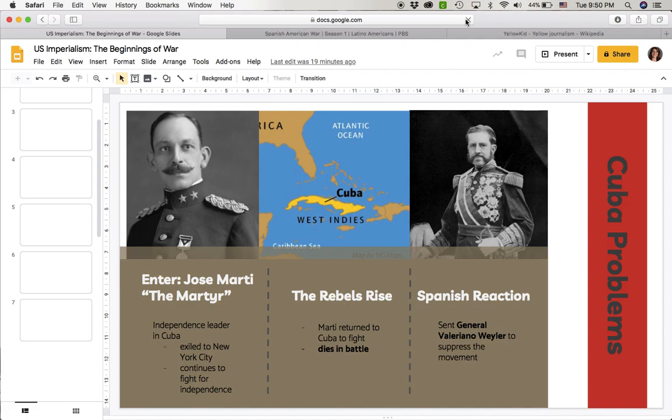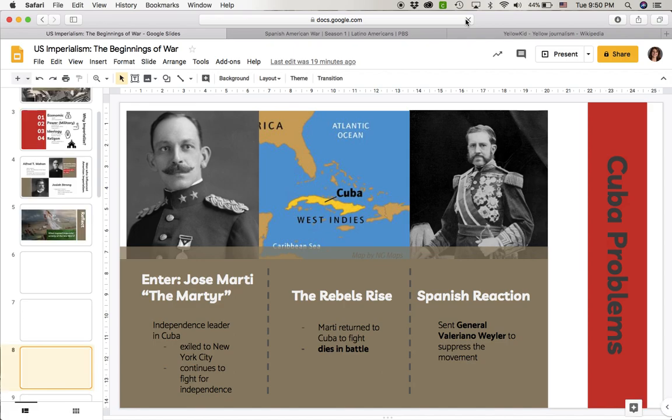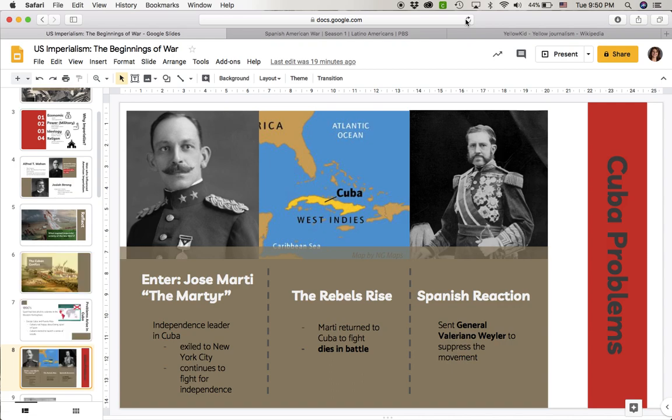He continues to advocate for Cuban independence. Then he riles all the troops up and goes over to Cuba. Marti returns, the great general for the Cuban rebels, and he dies in battle. So he's kind of like a martyr, and that really influenced them. They were like, yes, let's go, we need to get our independence.